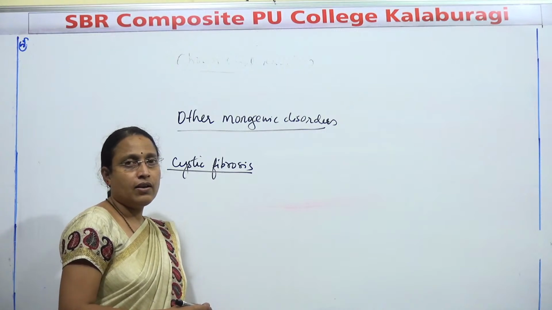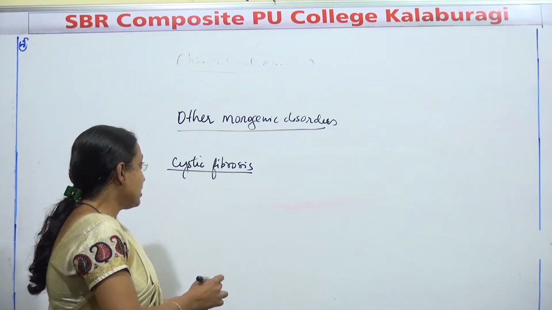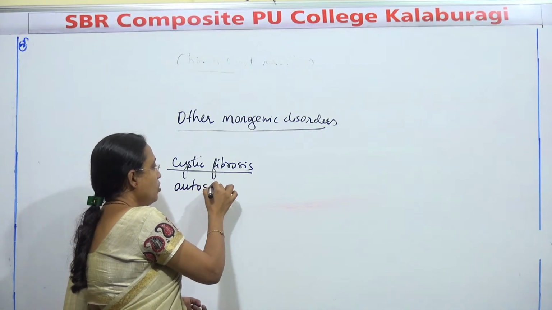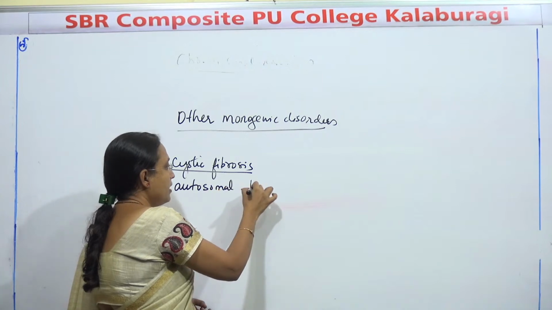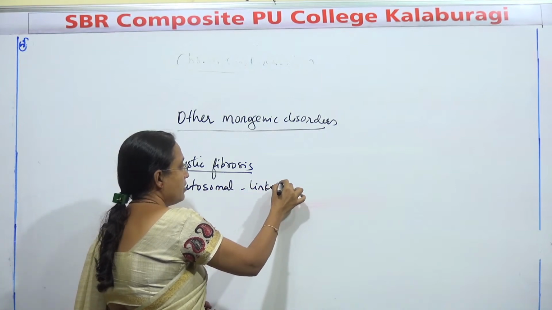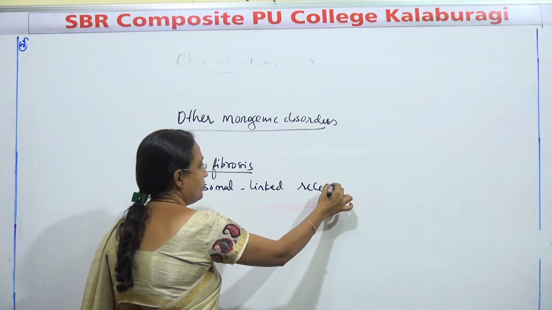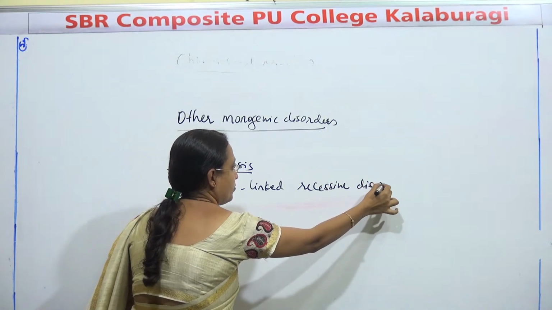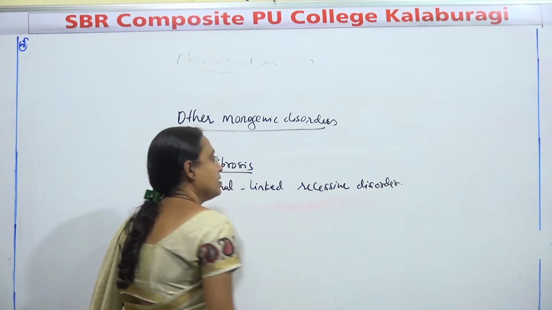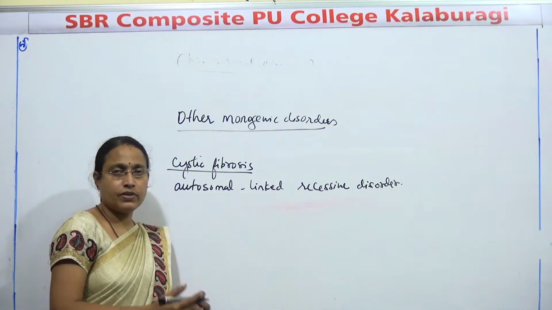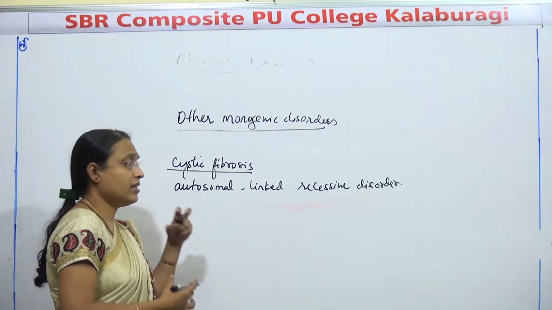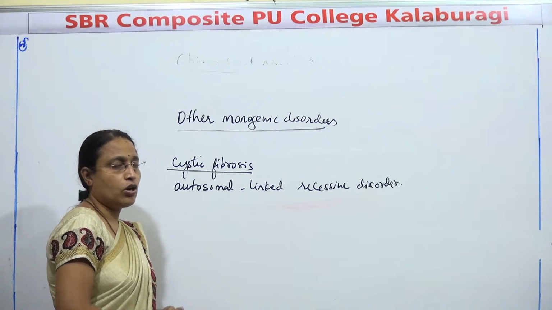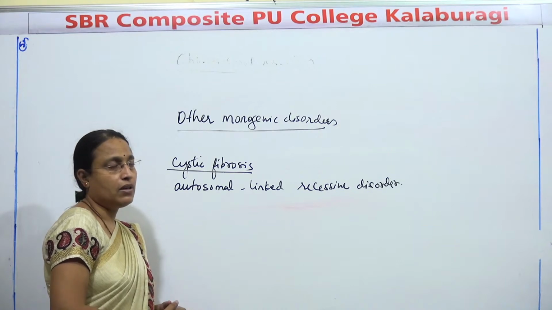So cystic fibrosis is an autosomal recessive disorder because, and I need not repeat it again and again, this gene is located in an autosome and is in a recessive state.